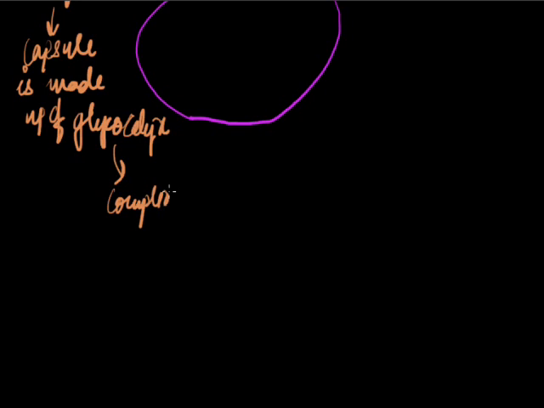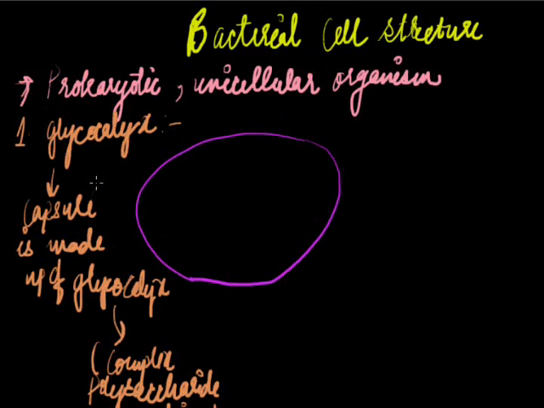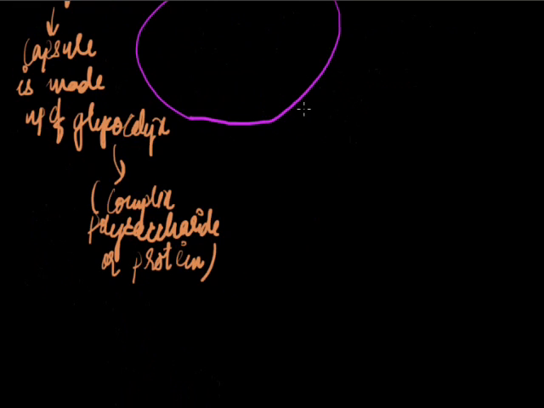So the capsule is the outermost layer of a bacterial cell. One more layer is there in some types of bacteria, known as the slime layer. We will discuss this later on. First of all, we have to discuss the capsule.